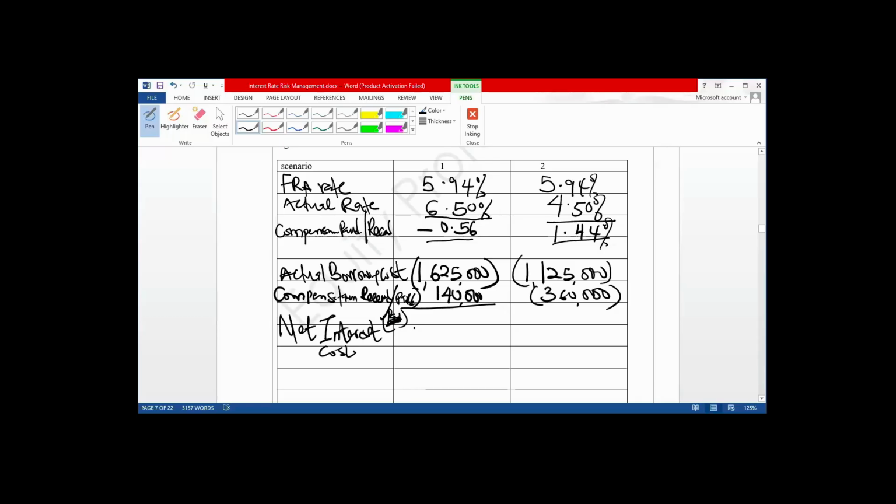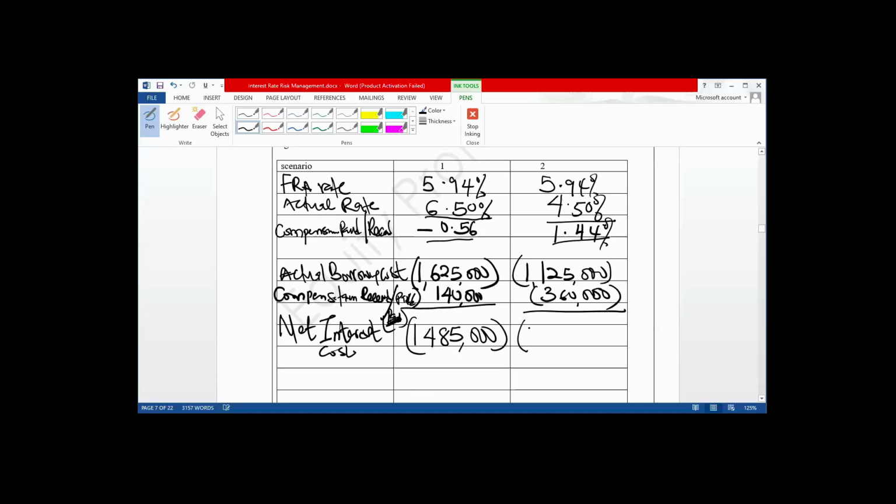This will give us 1,485,000. That is the net interest cost there.